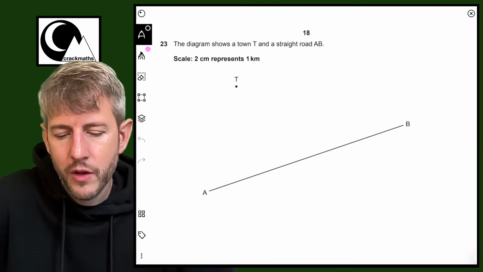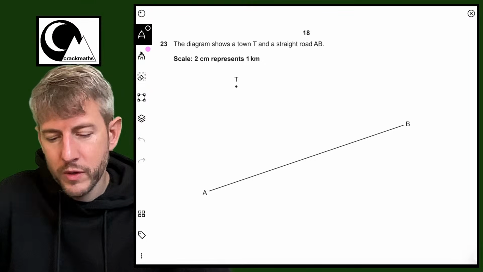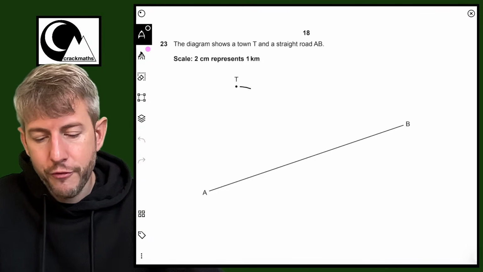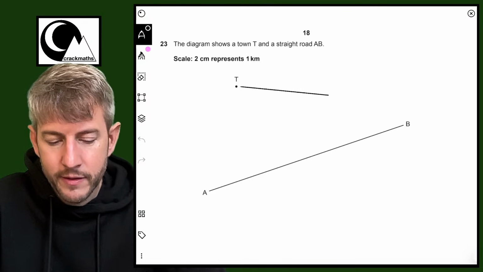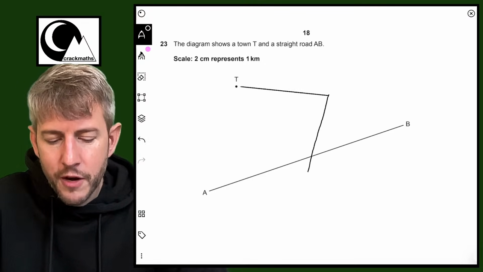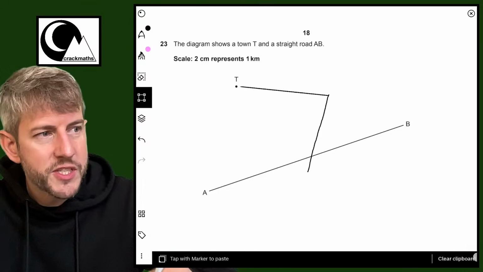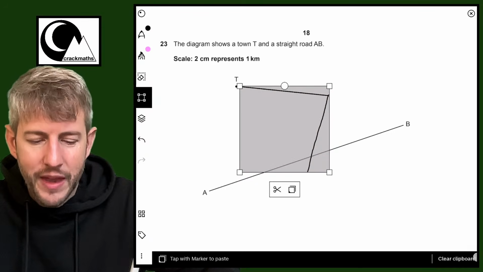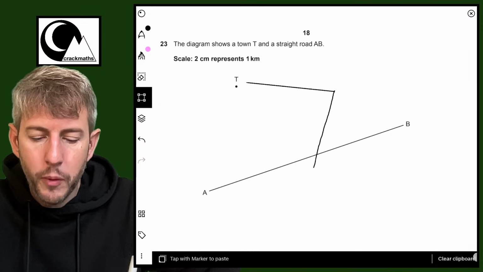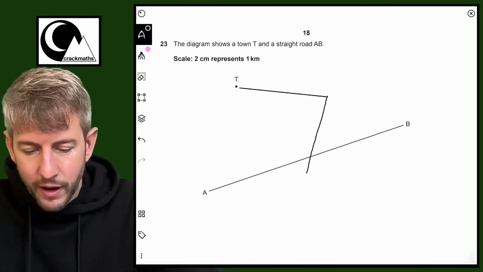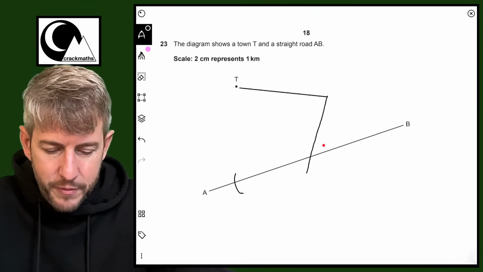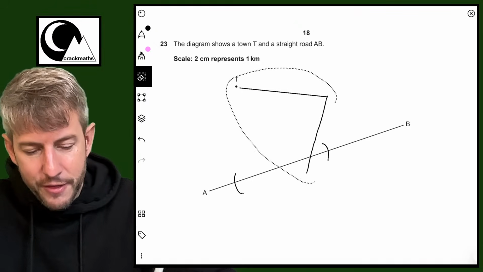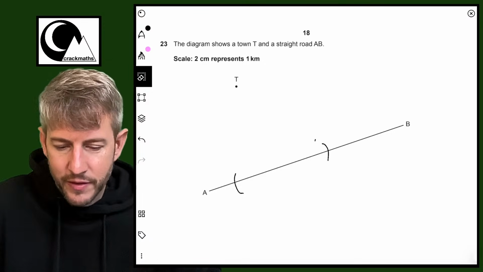What we first of all want to do is, say we've got our compasses, we want to set a compass from town T, like this, and we want to go through road B, and we're going to want to swivel our compass, like that, and then on the other place over here, so that we get 2 points on this line that are exactly the same distance away from town T. So they're the first points, the first arcs that we're looking for here.